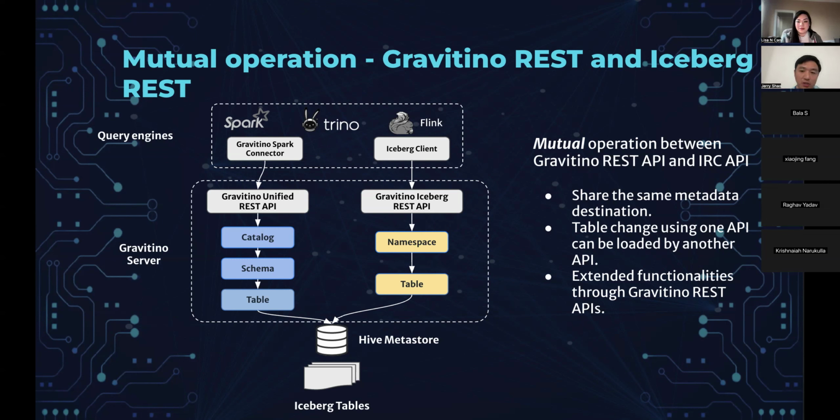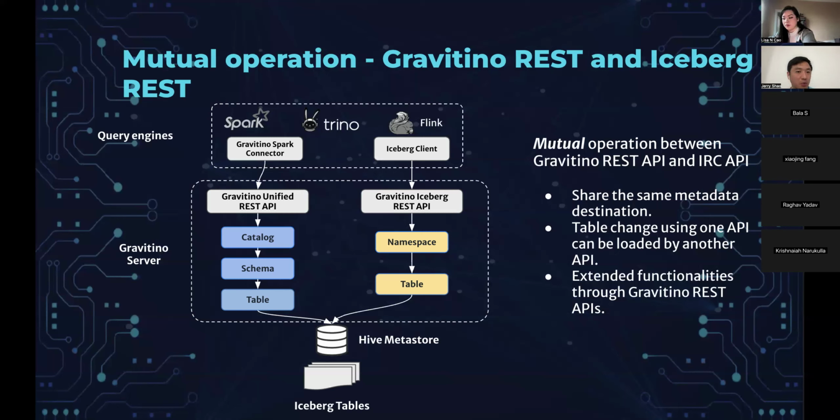If you do a table alteration using one API, it can be read from the other API. But why do we have two different APIs or two layers of APIs? One thing is that for the Iceberg REST APIs, if you have Iceberg-specific features or functionalities like time travel, the Iceberg table API will support them better.